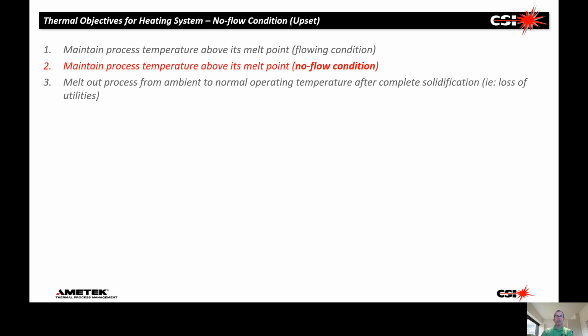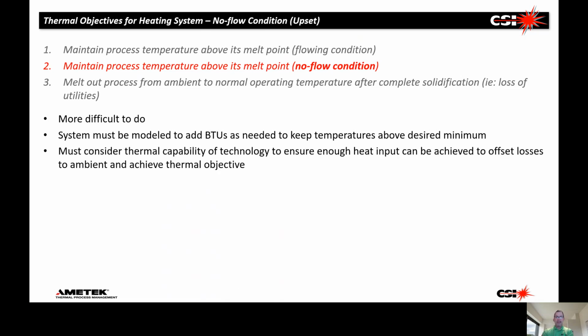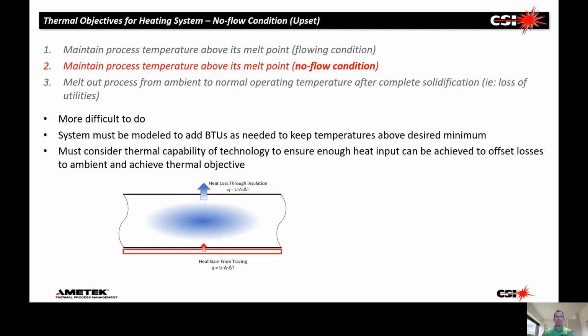So when we look at the no-flow condition, it's more difficult to achieve because we actually have to put some BTUs into the process now. The system has to be modeled for those BTUs to make sure the temperatures stay at their right levels. And the thermal capability of the technology also has to be considered because we need to make sure that whatever we're recommending and putting on those process lines can achieve that thermal objective.